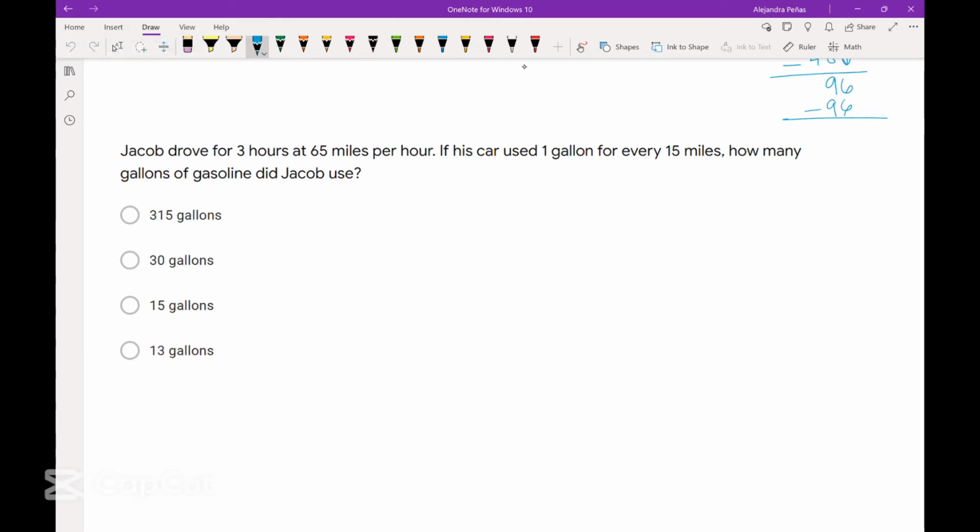So you want to organize all of your information. You have 2 rates going on. The first rate is 65 miles per hour. How do I know that's a rate? Because of this very important word. So it's a rate. And over here we have our second rate, which is 1 gallon for every 15 miles.